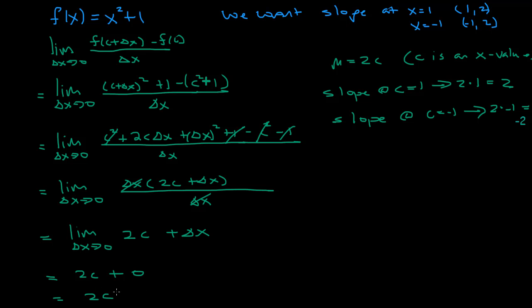Okay, so notice here, this is a function. Also notice, this is a what type of function? Quadratic, and this is a linear function. So that's going to be a nice relationship. When you take the derivative of a quadratic function, you're going to get a linear function. When you take the derivative of a cubic function, you're going to get a quadratic function.